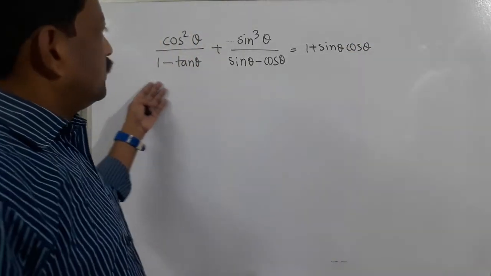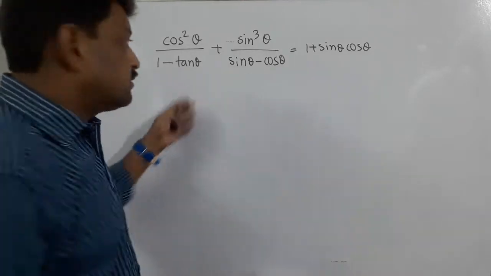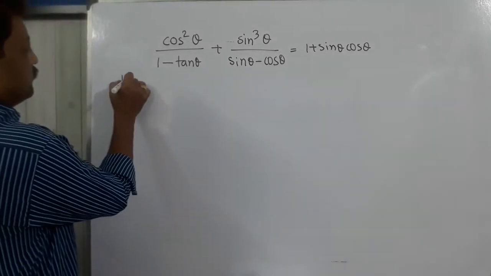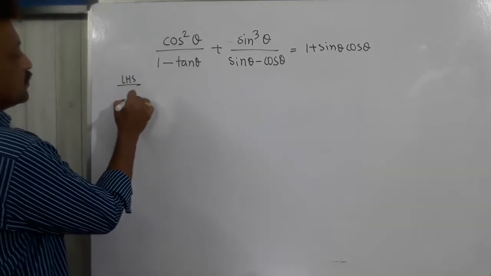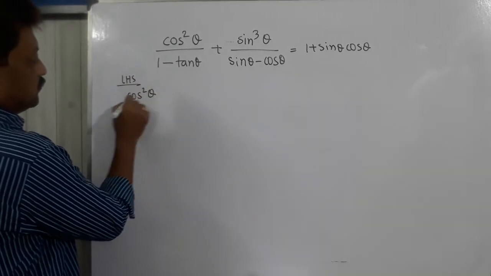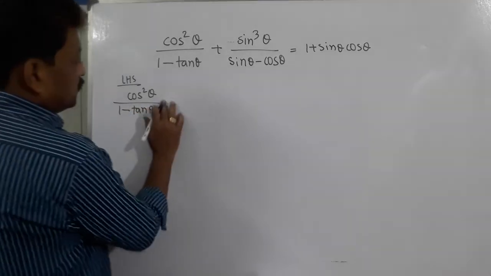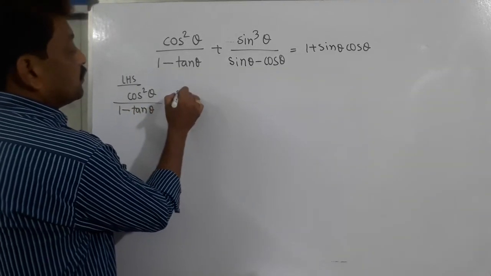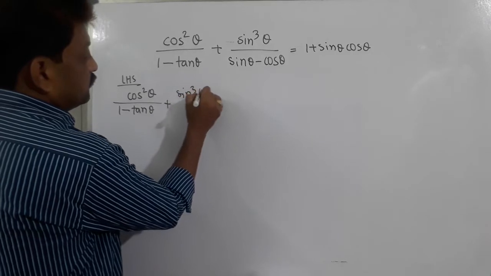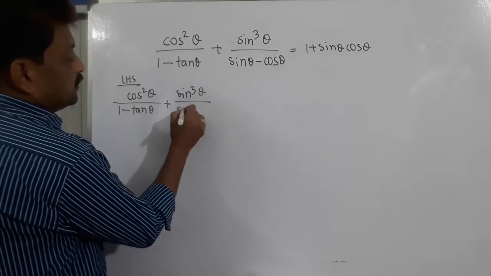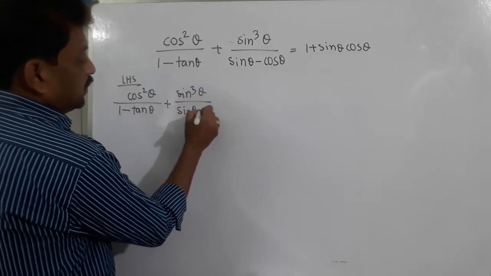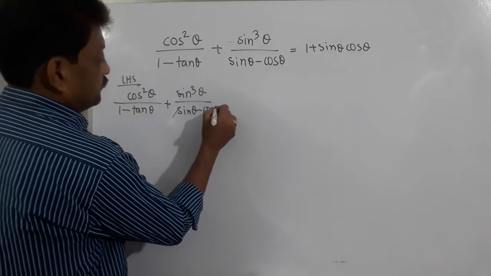First of all, let me start with the LHS. Left hand side: cos square theta divided by 1 minus tan theta, plus sin cube theta divided by sin theta minus cos theta.